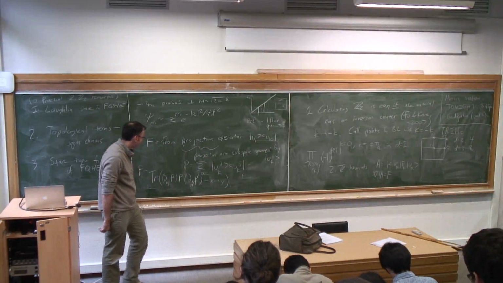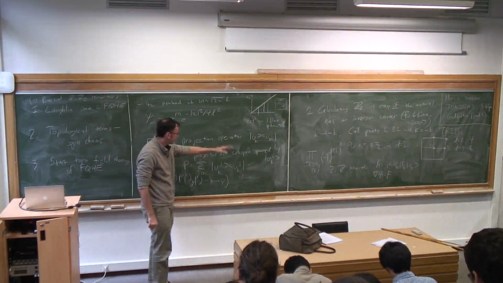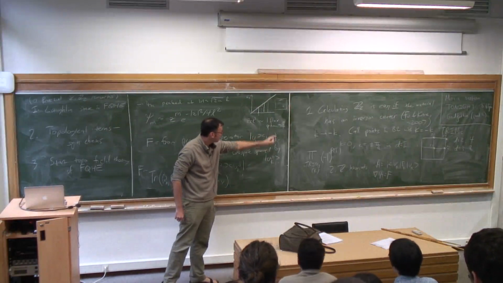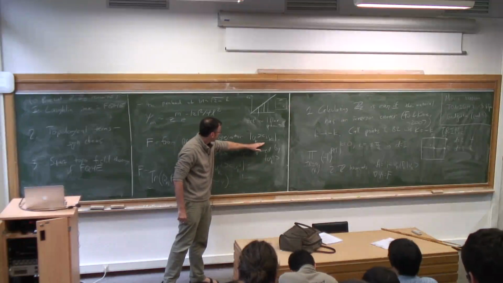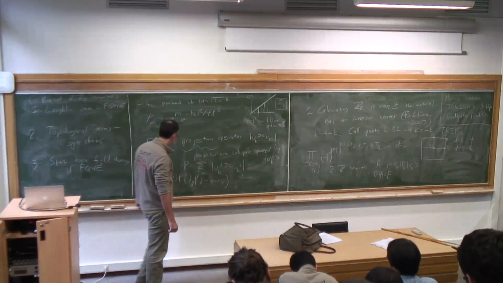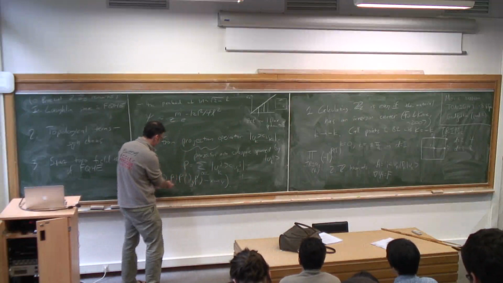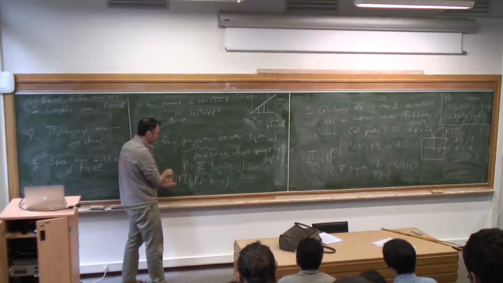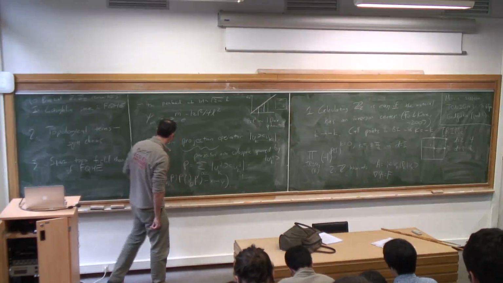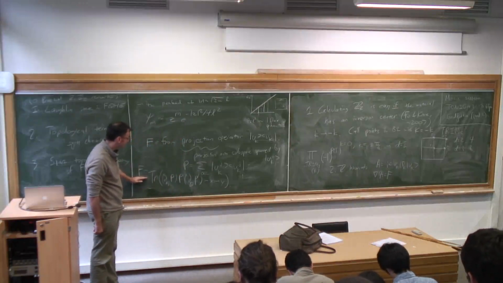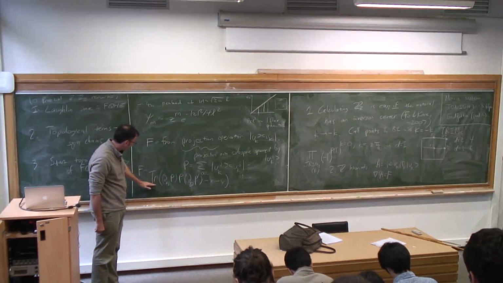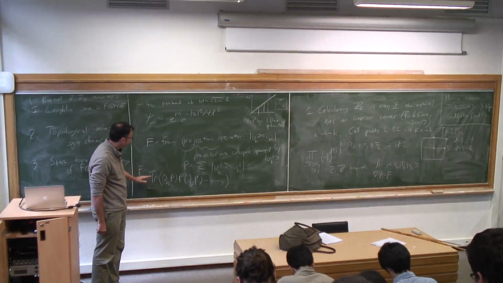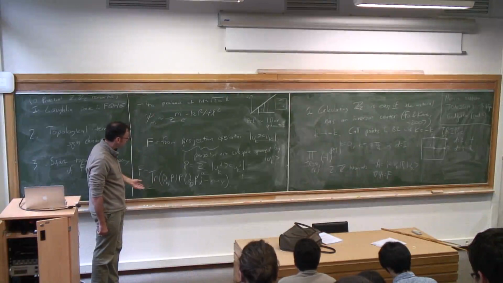And if you don't believe me, this one you can actually do algebraically with a little bit of time. If you take this and just plug it in and figure out which terms survive, you can see that I've got kx and ky derivatives, and those derivatives, once I swap them, will give me something that starts to look like F. In fact, it is exactly F. And the point of the trace is that if I do it for multiple bands, then I will get the sum of the Chern numbers for all the bands.